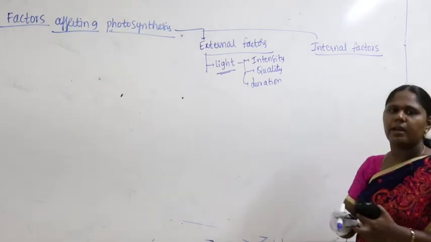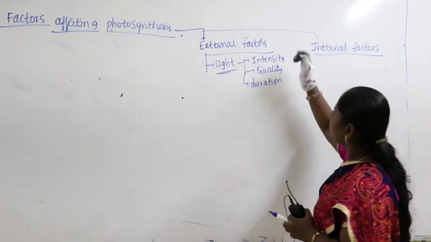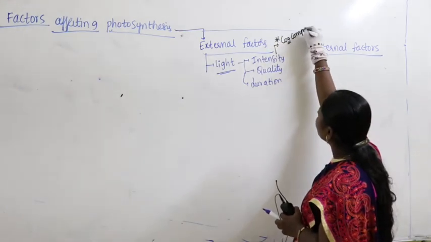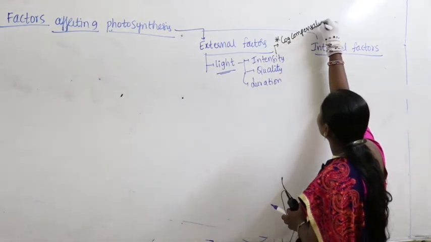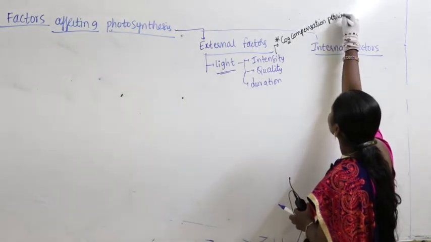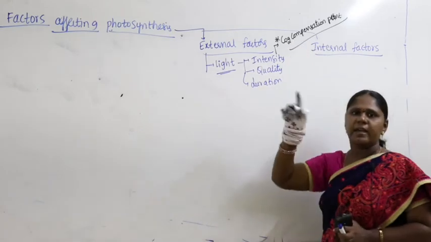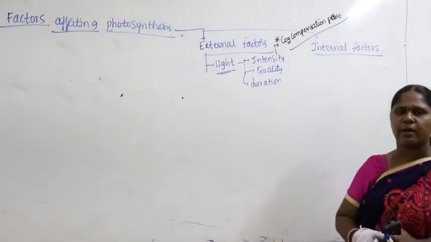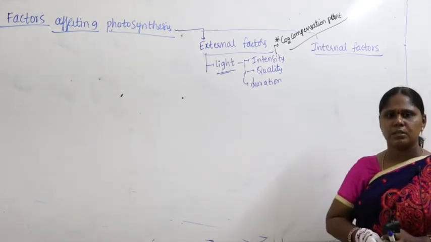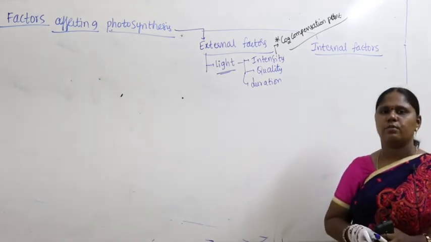When we studied light intensity, importantly we studied what is called the carbon dioxide compensation point. Very important. Where do you find a high carbon dioxide compensation point? In C3 plants. Where do you find a low carbon dioxide compensation point? In C4 plants.